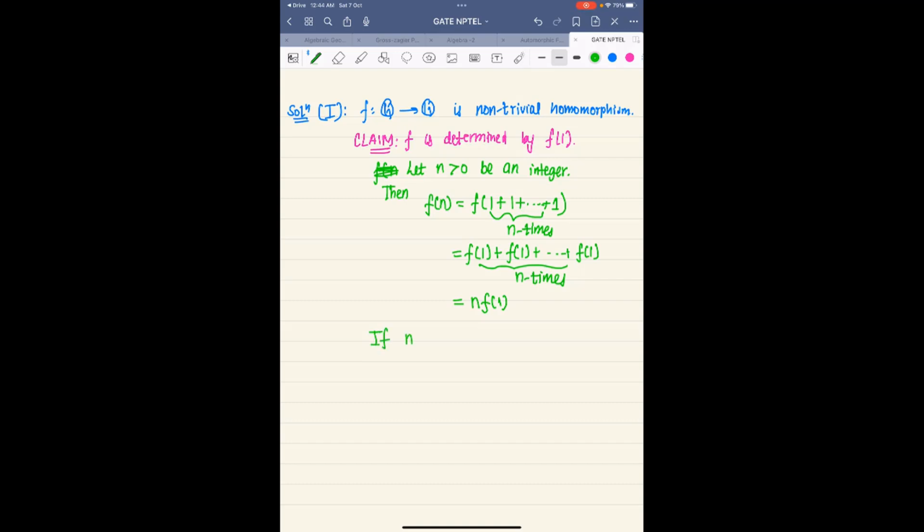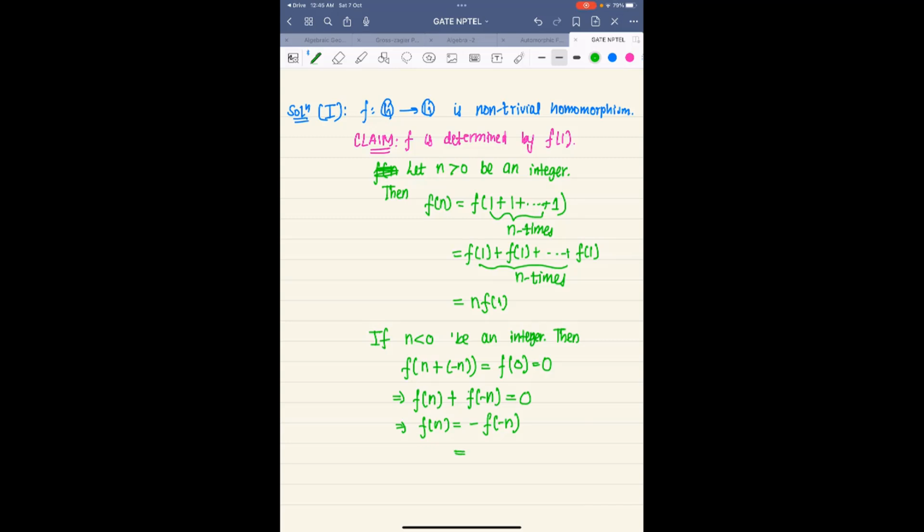If n is less than 0, then n is still an integer. Then f of n plus f of minus n is equal to f of 0, which is 0 because it's a group homomorphism. This implies by additivity f of n plus f of minus n is equal to 0, and this means that f of n is equal to minus f of minus n.